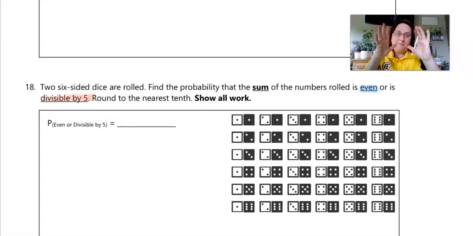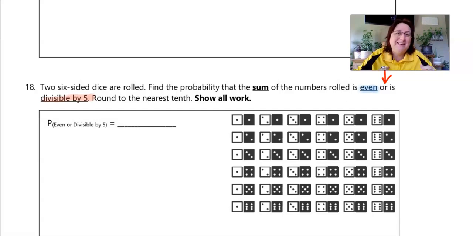Now, guys, there was a keyword in this sentence that will tell us, are we going to add those probabilities together or multiply those probabilities together? What do you think? Hopefully you said, hey, Miss Smith, we're going to add them together because this said the keyword "or." Now visually, let me show you how we figure this out.